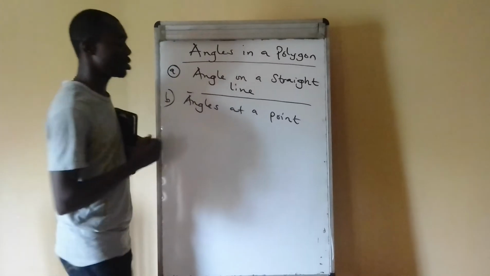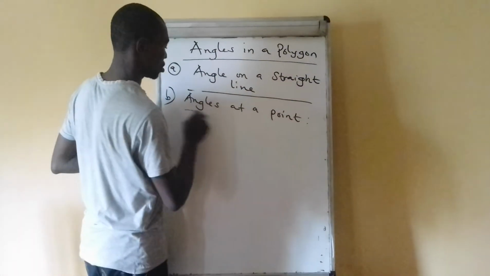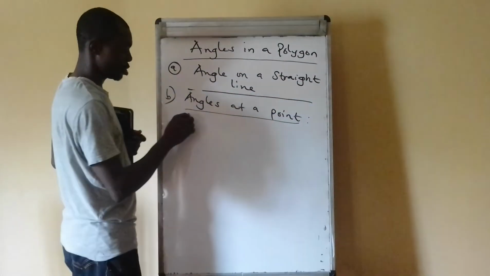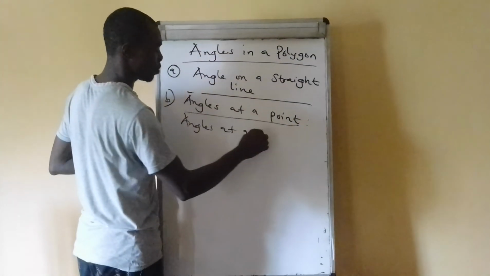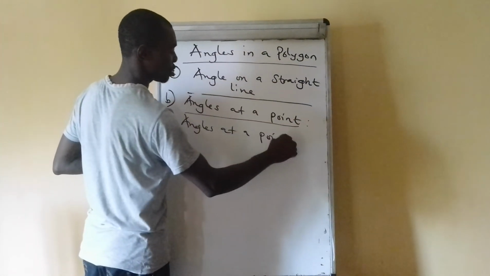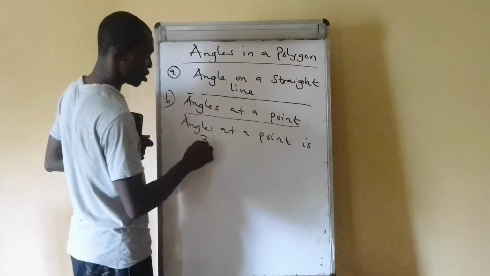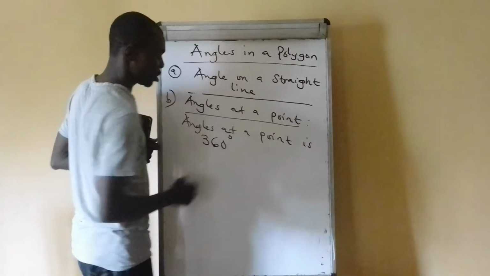Angles at a point is equal to 360 degrees.